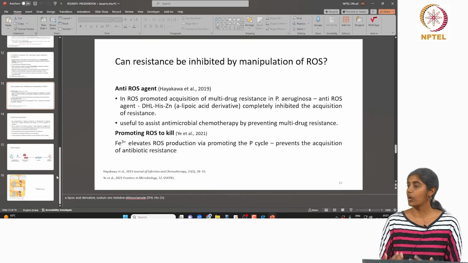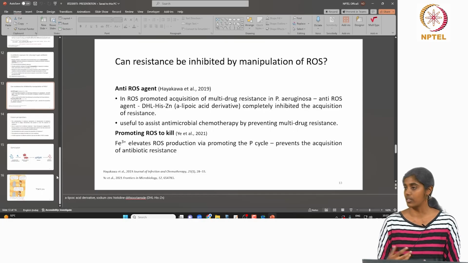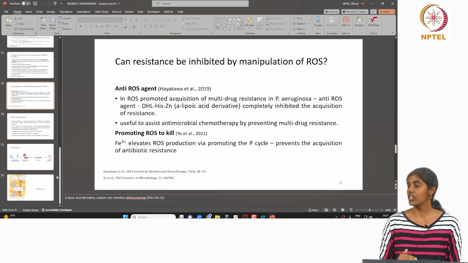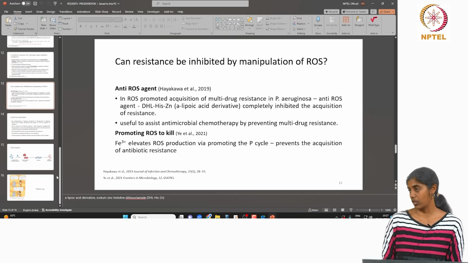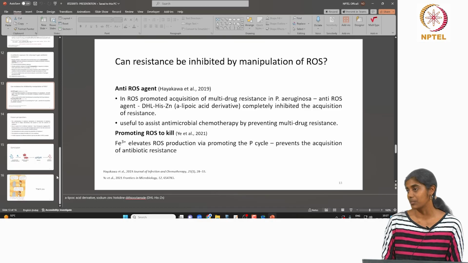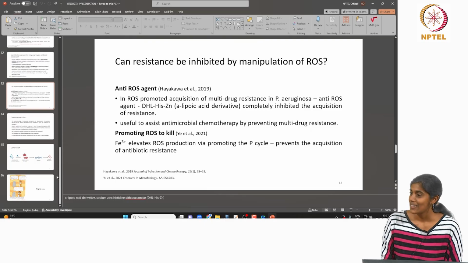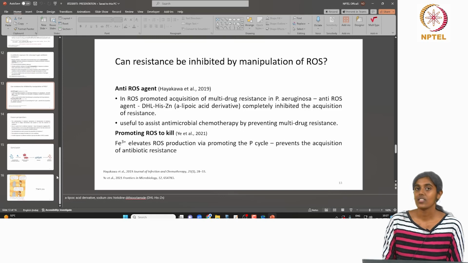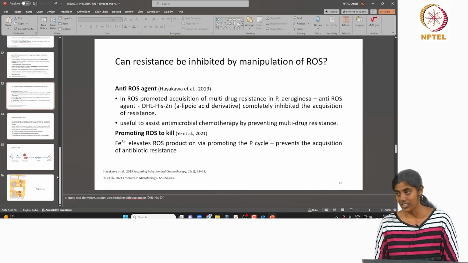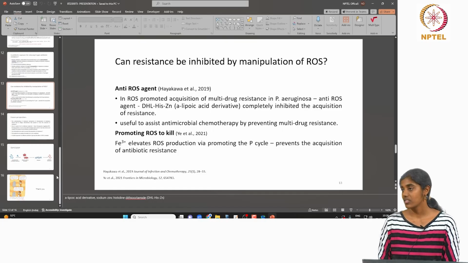That means the amount of ROS being generated due to an antibiotic is not being managed by whatever antioxidant mechanism is already present in the bacteria. But the production of reactive oxygen species ultimately leads to the production of antioxidant enzymes. Yes, so it is not that it's not connected, it's just not sufficient.